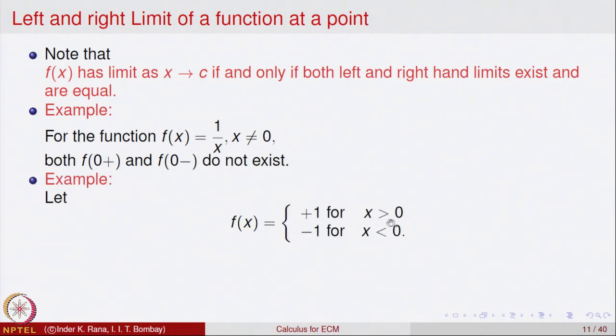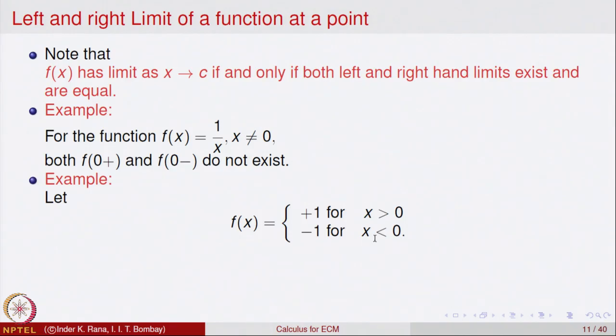Another simple example, let us take the function f(x) equal to plus 1 for x bigger than 0 and minus 1 for x less than 0. In this case, it is very simple, because the function is a constant function, plus 1 on the right, minus 1 on the left. So, whatever sequence bigger than 0 I take and look at f(x_n), that is going to be a constant sequence plus 1. So, the right limit exists and is equal to plus 1.